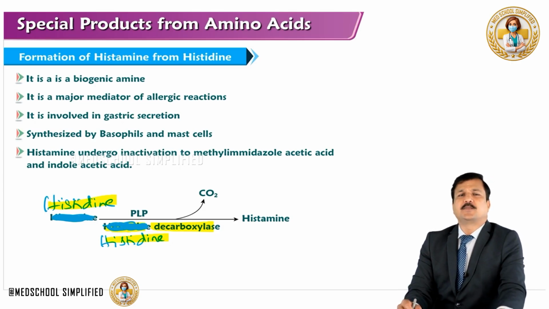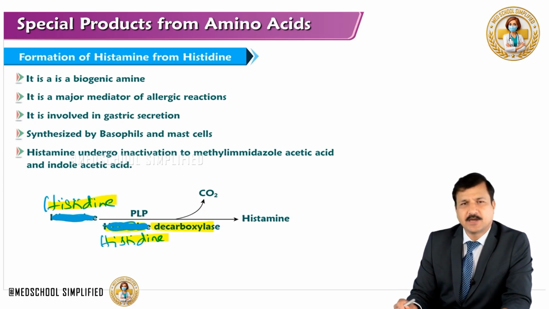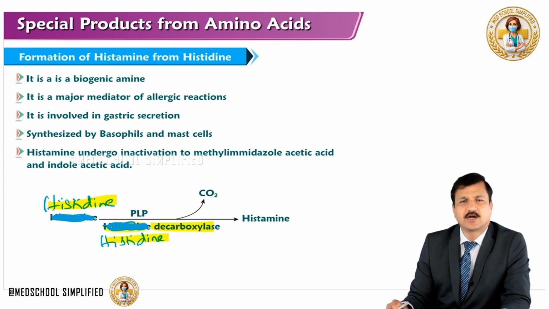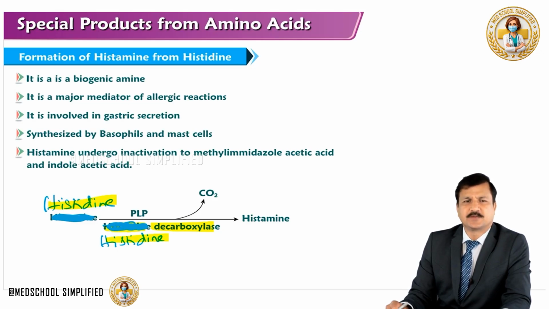And as I previously said in my earlier lectures, whenever an amino acid is undergoing decarboxylation to make a special product, the amino acid decarboxylases need pyridoxal phosphate as the coenzyme. So the same thing applies here in the conversion of histidine into histamine. And what is the role of histamine?